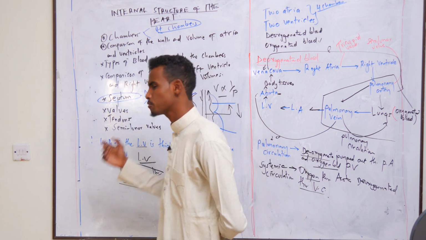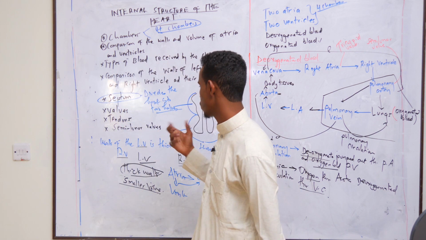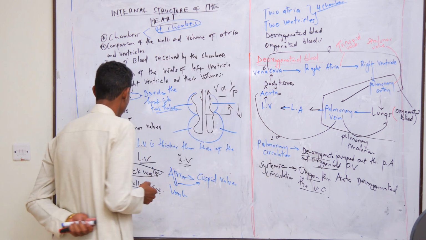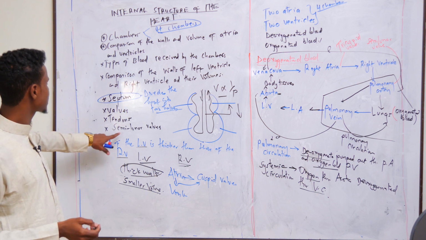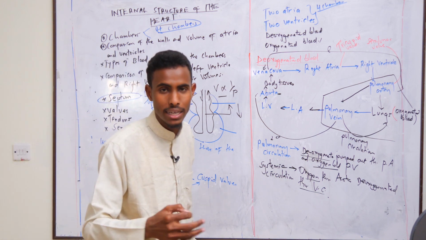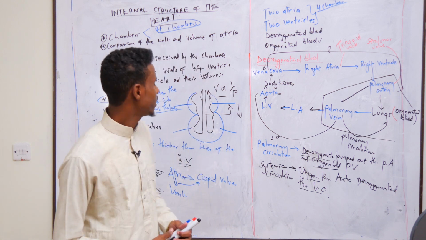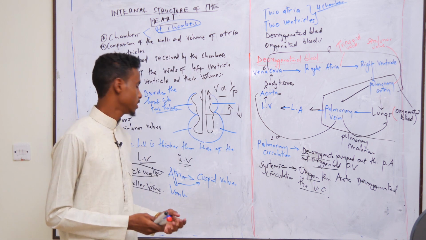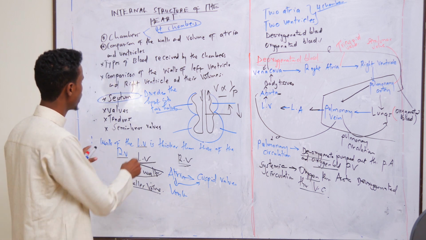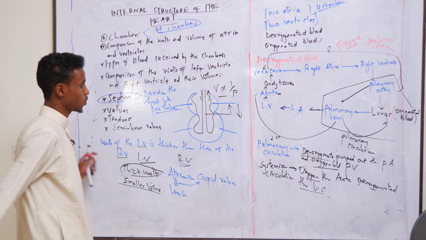When will these valves be under pressure? When ventricles contract. Now, when are the semilunar valves open? The semilunar valves are opened by the pressure generated when the ventricles contract.